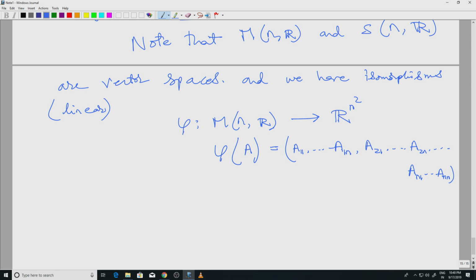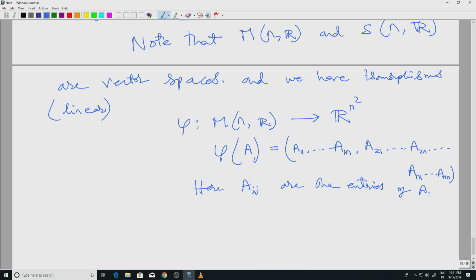Here the Aij are the entries of A. It's easy to check that this map is actually bijective and linear, so I have a linear isomorphism from here to here.